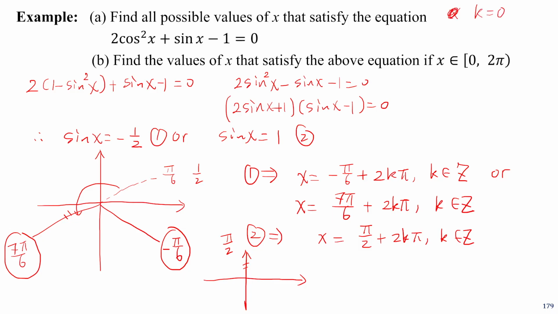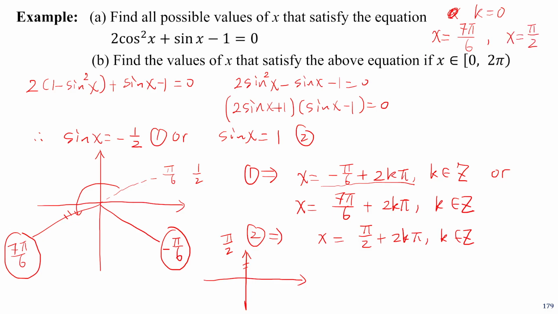If k equals 0, the first solution here will give you negative pi over 6, so that's out of the boundary, so we do not take that. But the second solution will give you 7 pi over 6. So we can take this because 7 pi over 6 is between 0 and 2 pi, right?